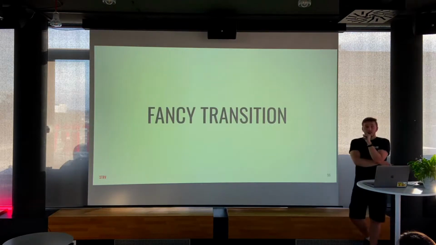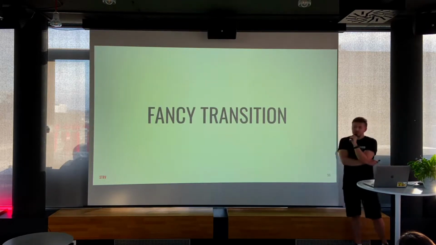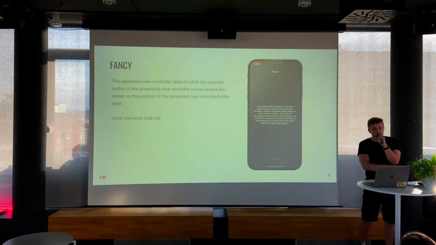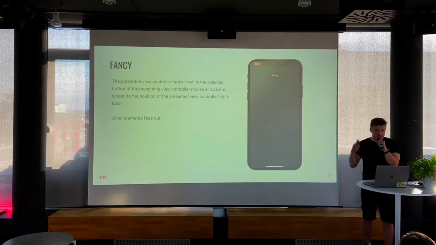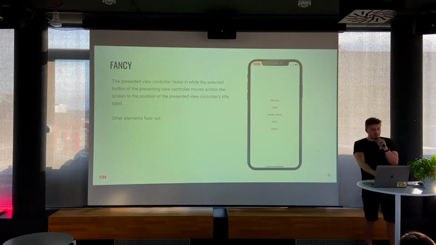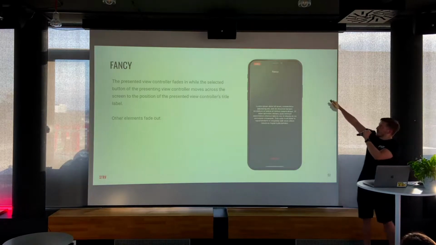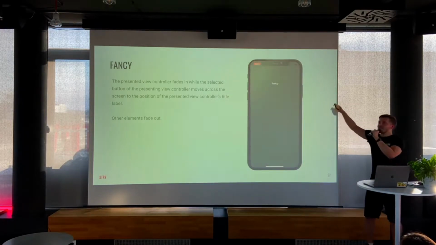And so last one, fancy transition. Let's see. This time, when you tap the button, you can see that the title of a label moves around the screen to the position of a label of a detail view controller.